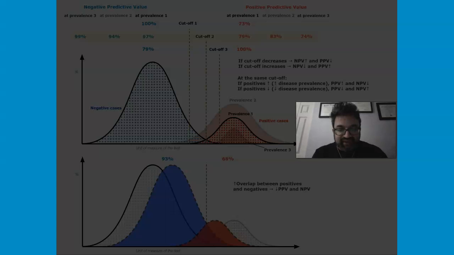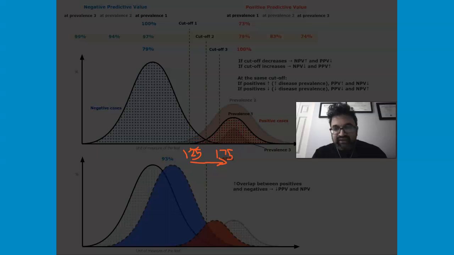I'm going to write that down just so that we don't forget. So that's the first cutoff. Then we decide to change that cutoff and increase it to, say, 175.